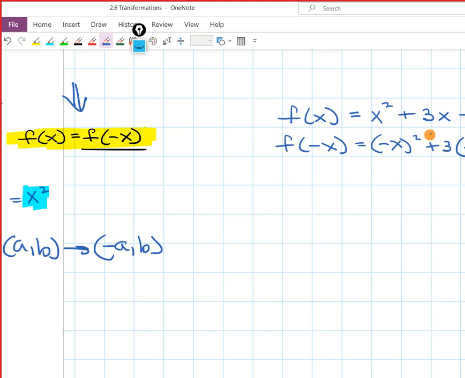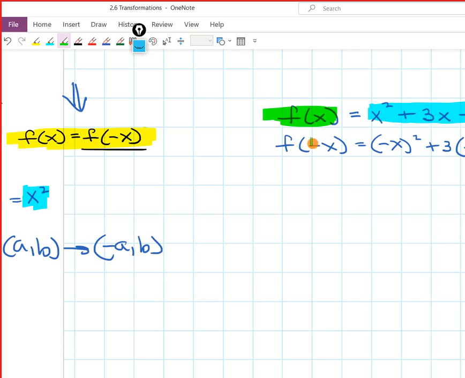So what's negative x squared? x squared. What's 3 times negative x? Negative 3x. And then I have my minus 7, right? Are these things the same? No. And remember, this is what generates my y values, right? So they're not the same.